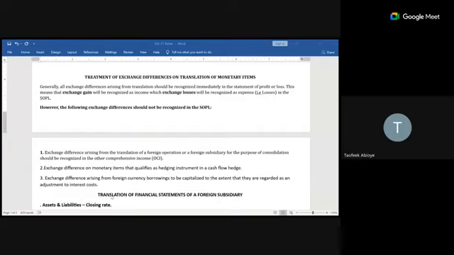It is either exchange loss or exchange gain. Exchange gain is when it is favorable, that when you exchange that money to foreign currency, it is now favorable to you. But when it is unfavorable, it will be exchange loss.